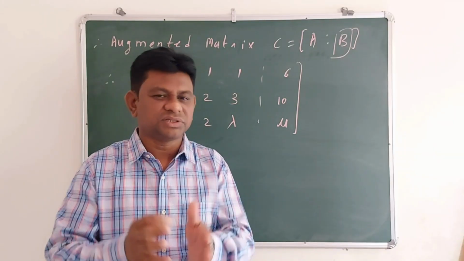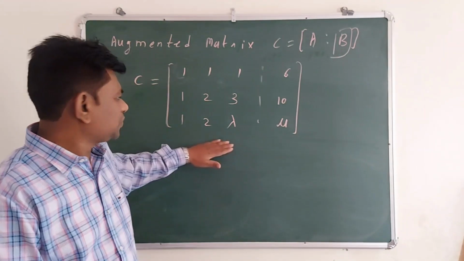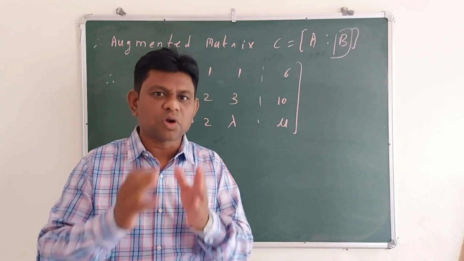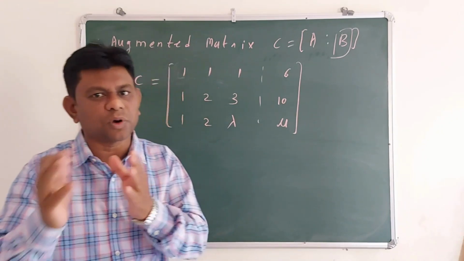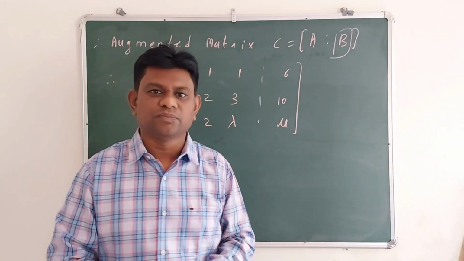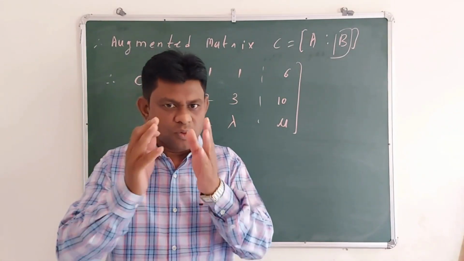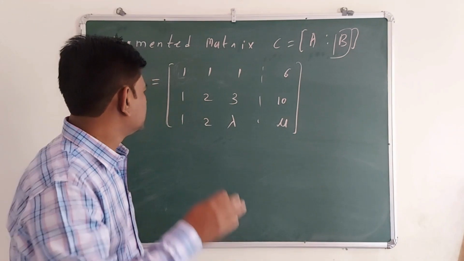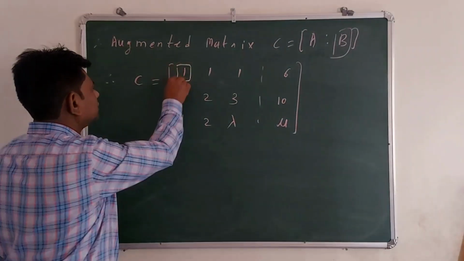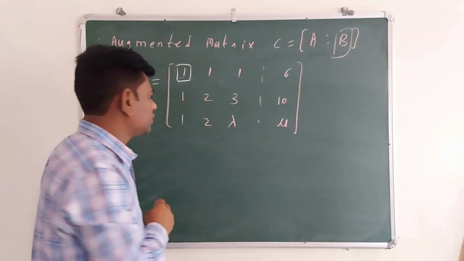To find the rank of C, we convert this matrix C into echelon form. Then we count the number of non-zero rows in the echelon form of C, and we get the rank of the matrix C. Echelon form means we convert all the elements below the diagonal to 0. Here this 1 is the first diagonal element.